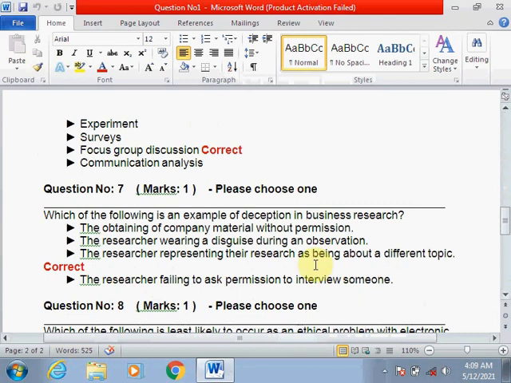For question number 7, the third option is correct.